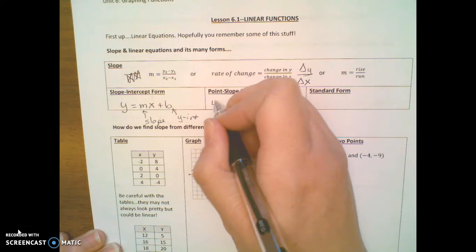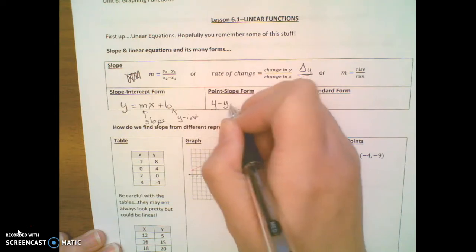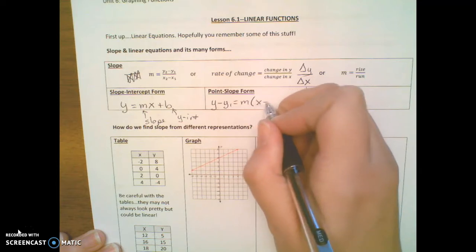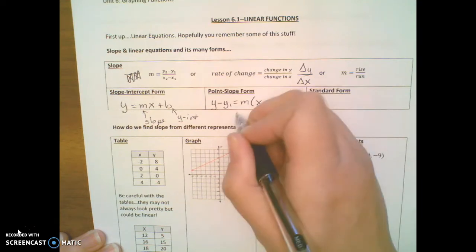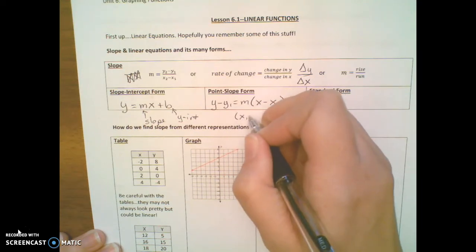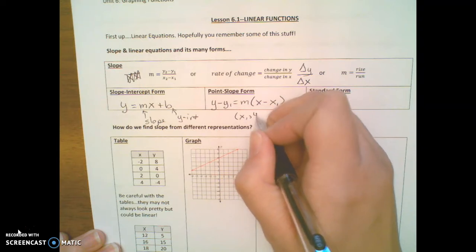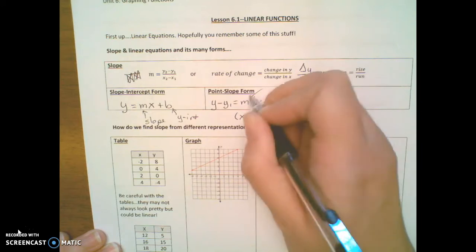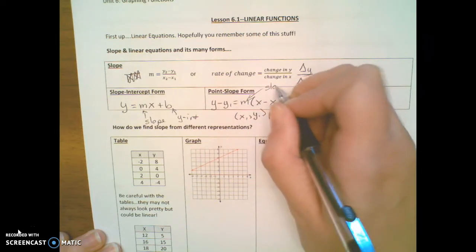Point-slope form is y minus y1 equals m times the quantity x minus x1, where (x1, y1) is a point on the graph, and m is the slope.